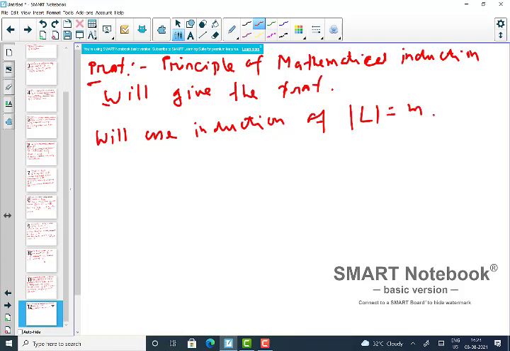Okay. Now what happens if m equals 0? What does that mean? There is no linearly independent subset we are choosing. So that means that L is actually the empty set, right?